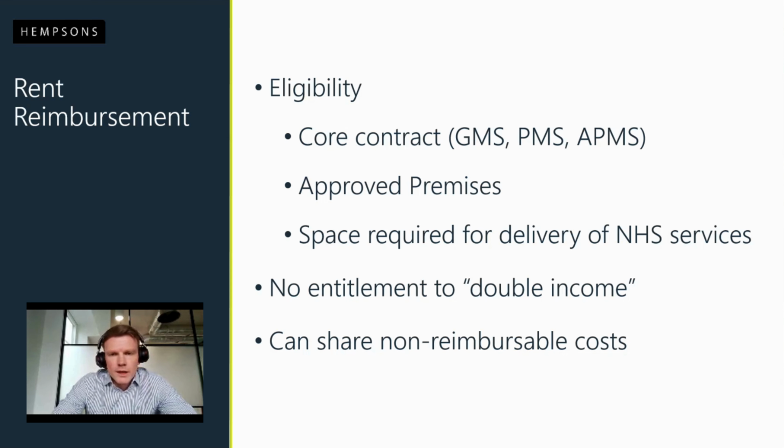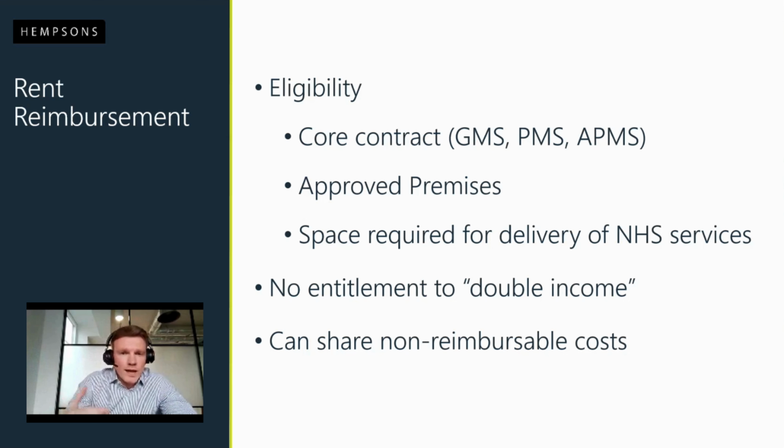An important point, which is often not known, is that the rent reimbursement is only available for the space that is reasonably required for the NHS services. So not for any private work or parts of the building that might be surplus to requirements and not in use. Or, for example, if you've let part of the premises to a pharmacy or some other healthcare provider, the point is you can't effectively receive a double income for that space.